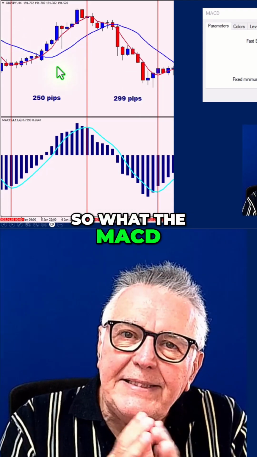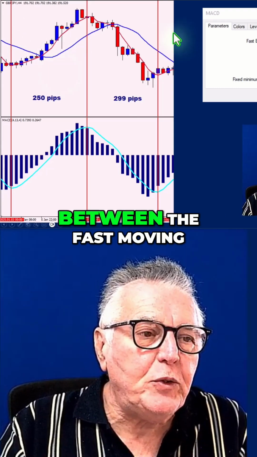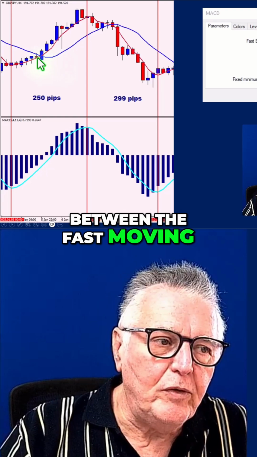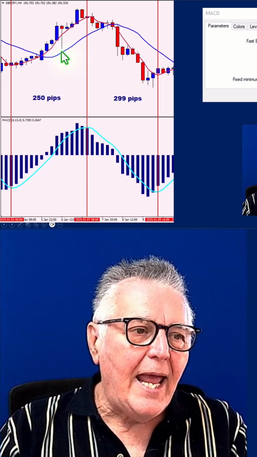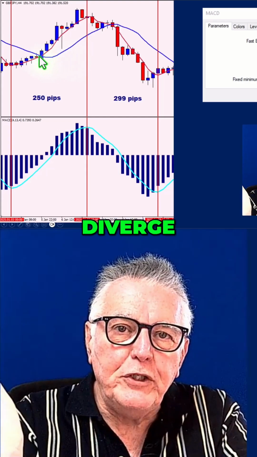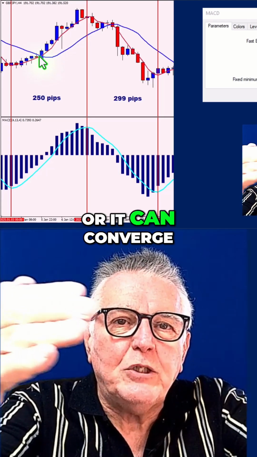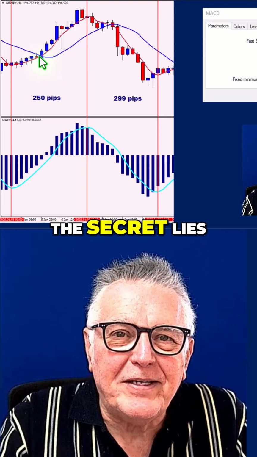So what the MACD measures is the distance between the fast moving average and the slow moving average. And that distance can diverge or it can converge. And that's where the secret lies.